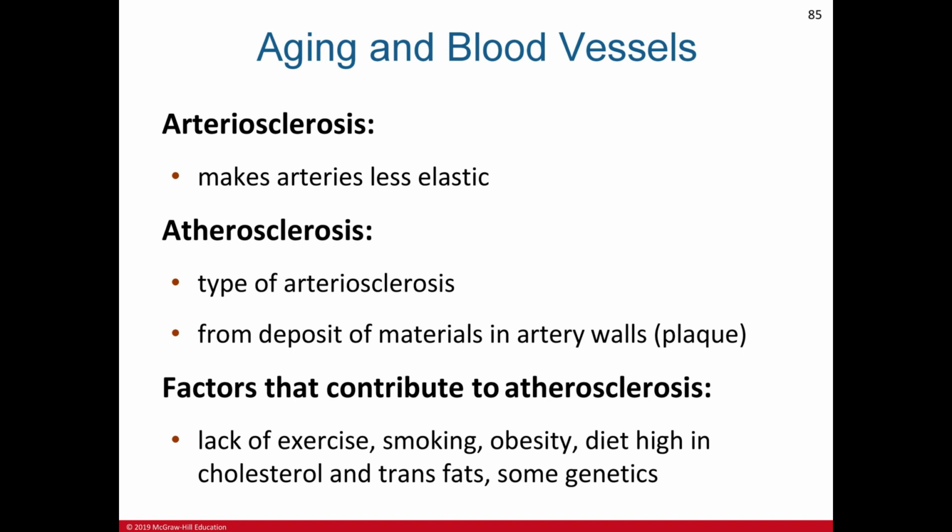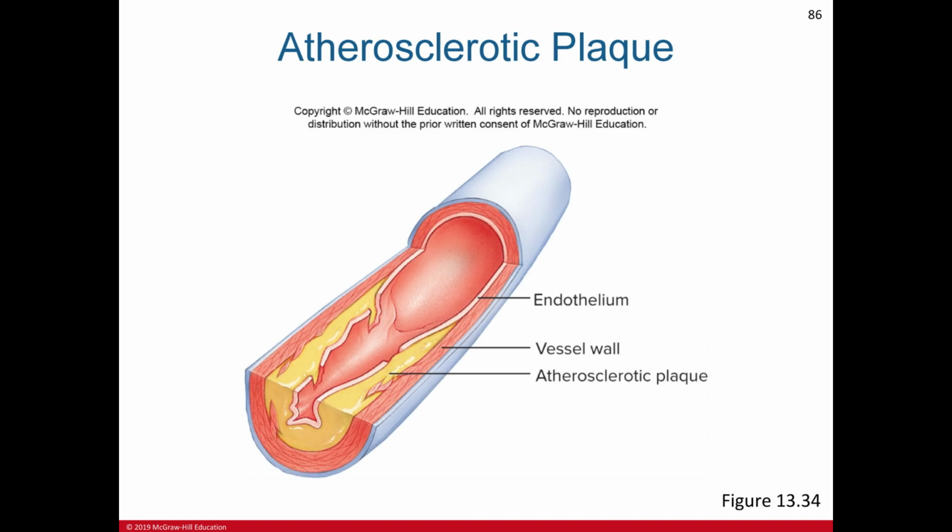This plaque will attract more platelets that may form a thrombus. So the factors that contribute to atherosclerosis might be lack of exercise, smoking, obesity, a diet high in cholesterol and trans fat. Some genetic factors are also involved in that.